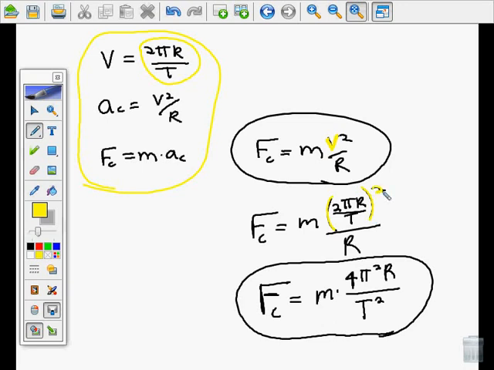Then it becomes 4 pi squared r squared over t squared, and then one r gets canceled. What does the t get canceled with? There's nothing for the t to get canceled with. There's only an r down here, which ends up canceling with one of the r's. That's why it's just r here, not r squared. But there's nothing else with the t.